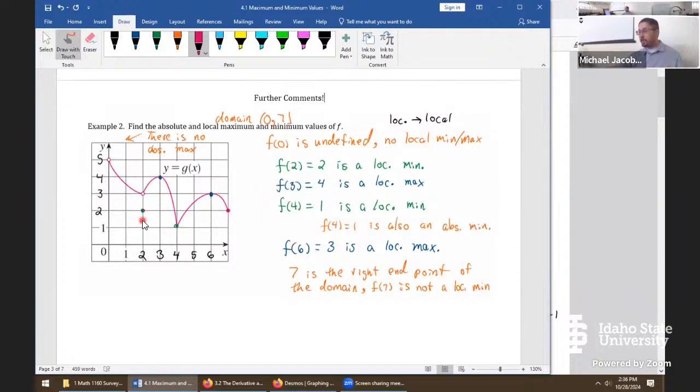So first, let's take a look at what happened here at 2. Here we can say f prime of 2 does not exist due to the discontinuity.